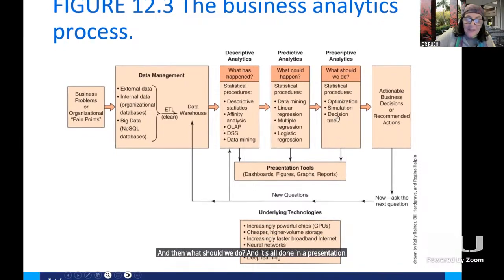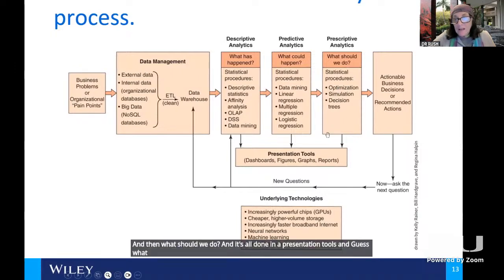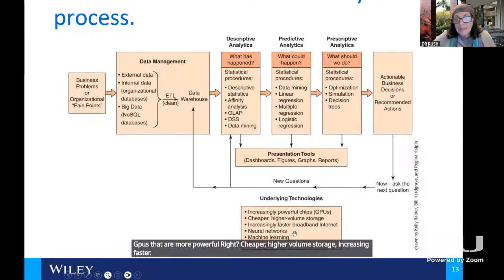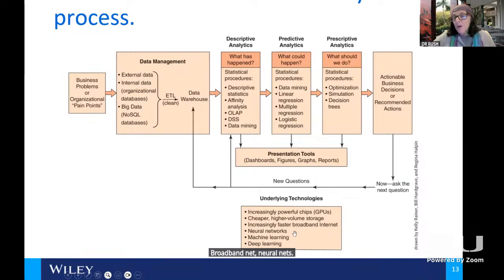And guess what, Frank? All the underlying technologies for this part are what? GPUs that are more powerful, cheaper, higher volume storage, increasing faster broadband, neural nets, machine learning, deep learning. All of this is going to help us get to a solution.